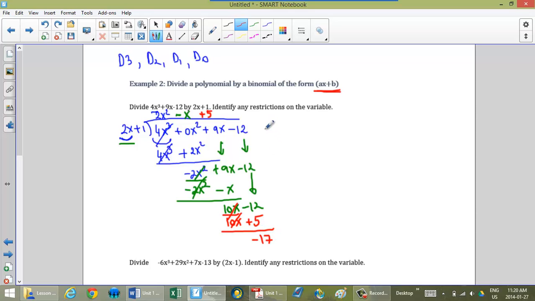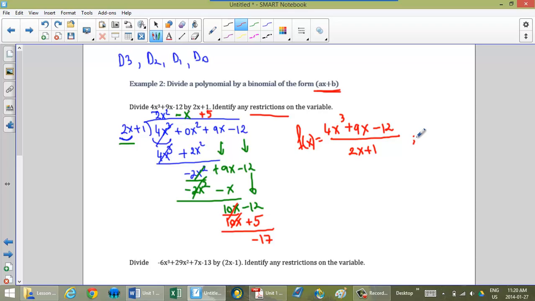Now you see here it's asking you to identify any restrictions on the variable. What if we imagine this as a rational function? What if we would write it in the form 4x cubed plus 9x minus 12 over 2x plus 1? Well, if this would be a rational function f of x, we know we can't divide by 0, and right away we would have to identify the restrictions.